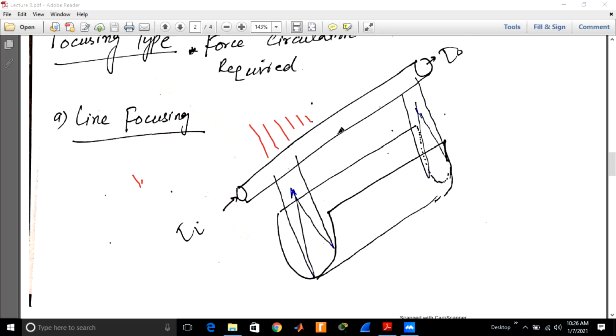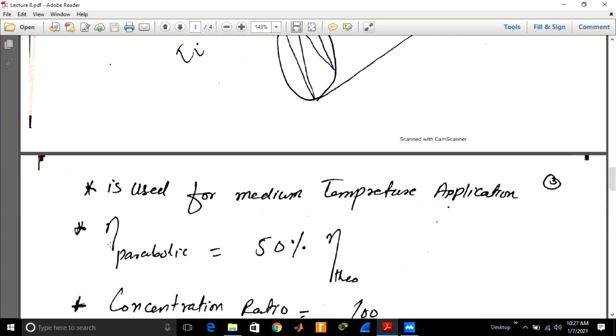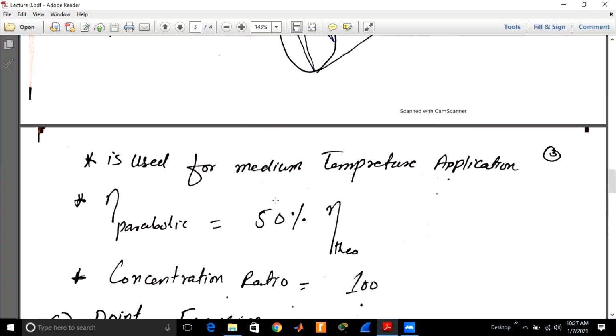And because of this, when we increased the concentration ratio, the fluid flowing here will have greater temperature. So it means that it is used for high temperature application. So it is used for the medium temperature application.